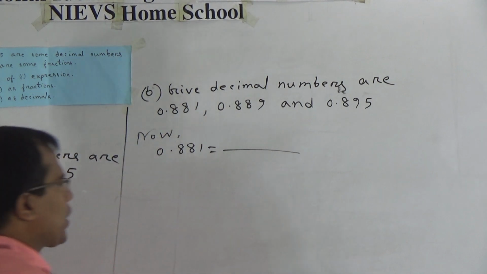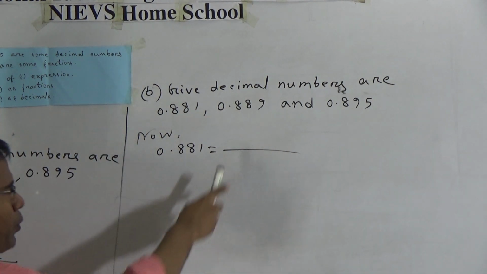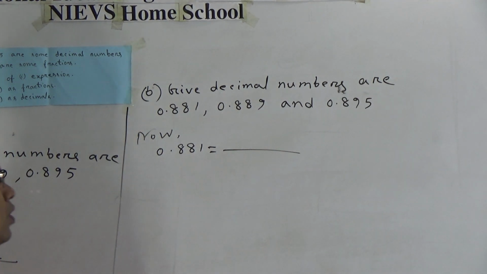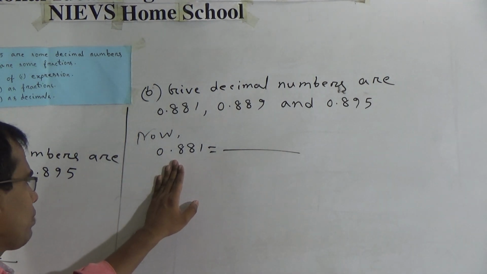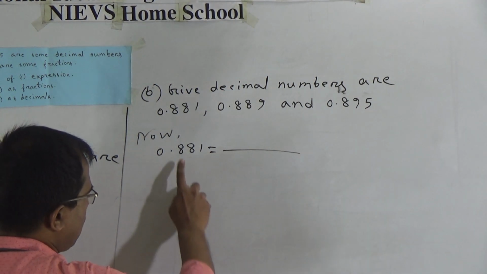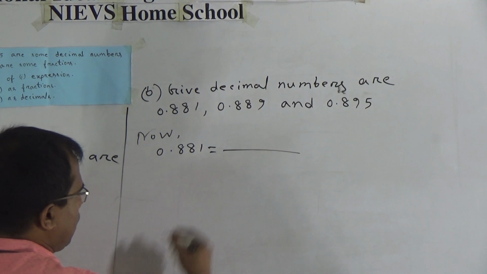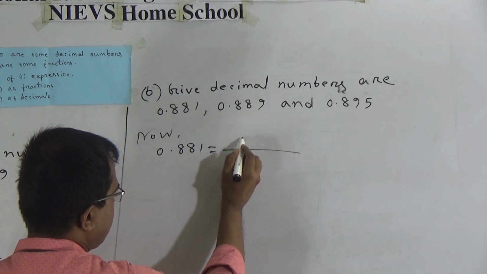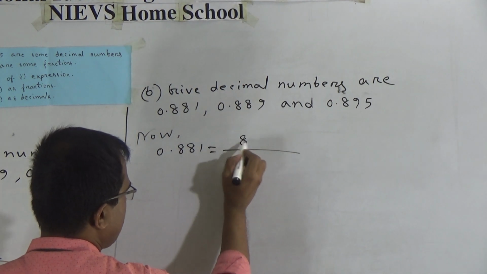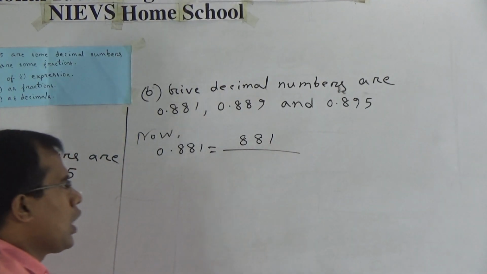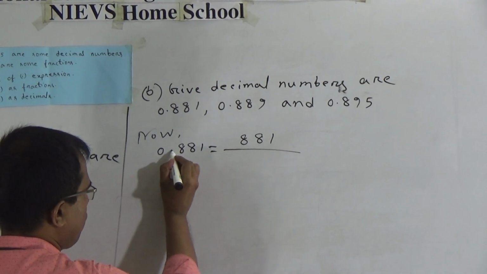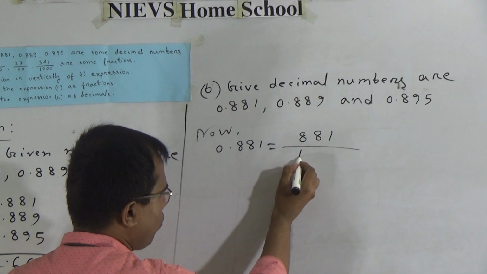You know that in a fraction there are two parts. Upper portion is called numerator and lower portion is called denominator. At the time of converting a decimal number to a fraction, we have to write the given number as a numerator without giving the decimal sign. So numerator will be 881, and in the denominator instead of the decimal sign we have to give 1.